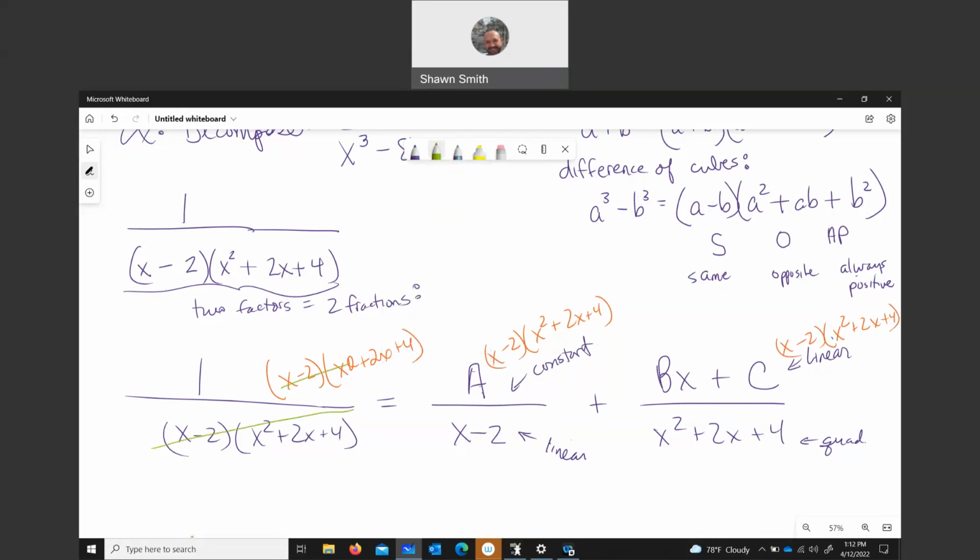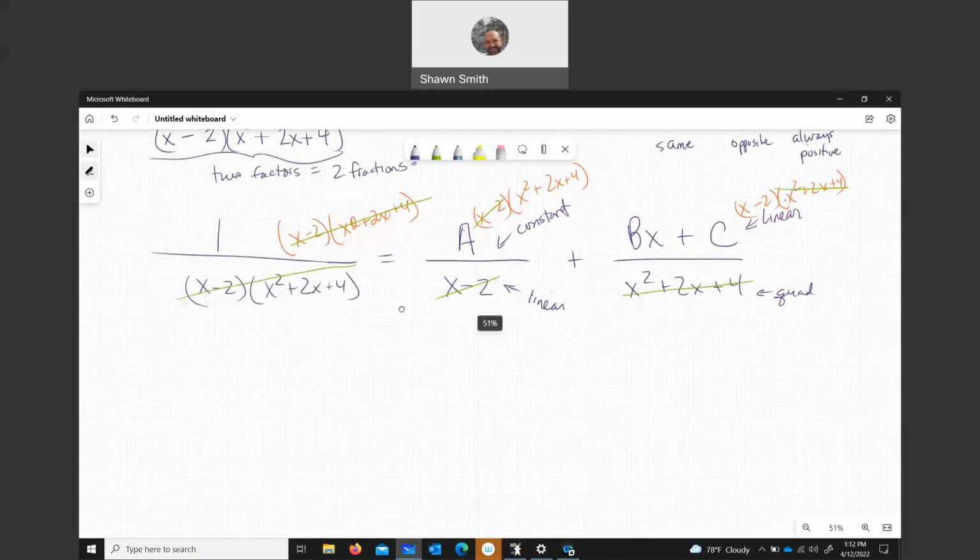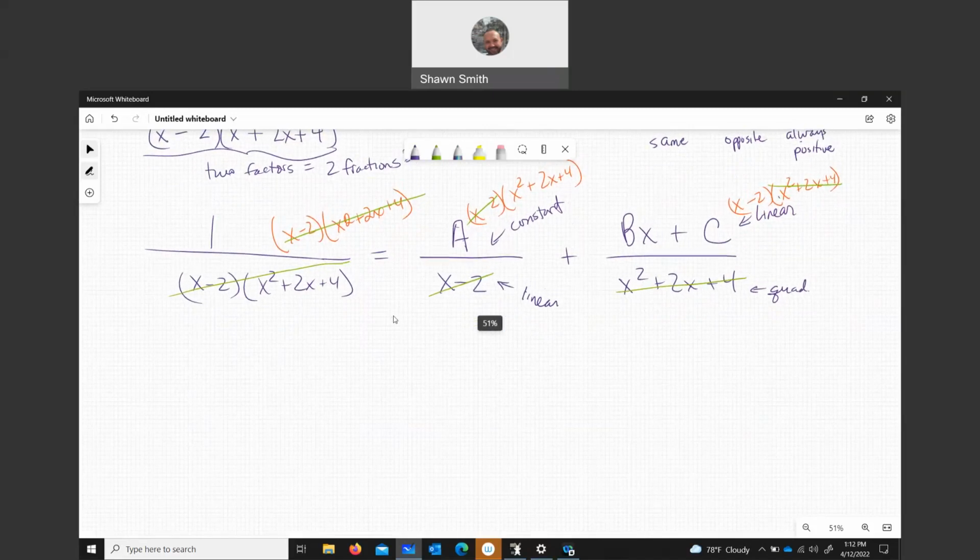All of that goes, all of that goes. X minus 2 goes away. X squared plus 2x plus 4 goes away. All right, so on the left side, everything went away, so the only thing left in the numerator is 1.